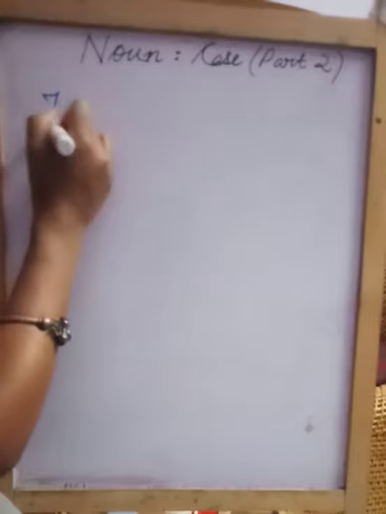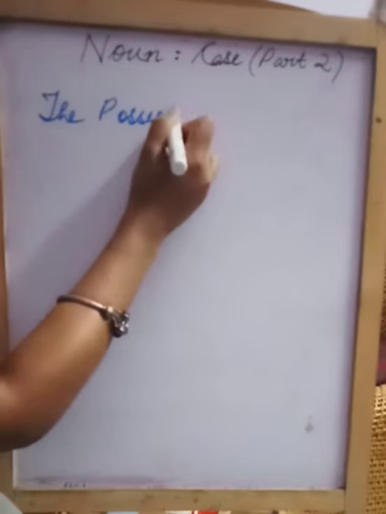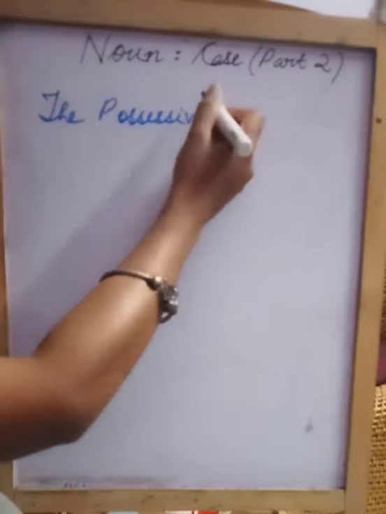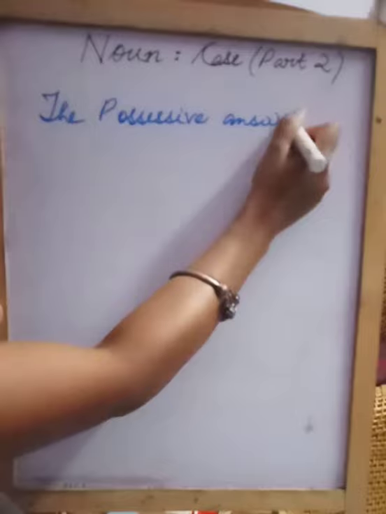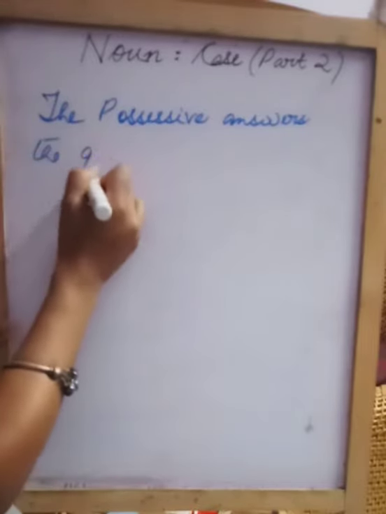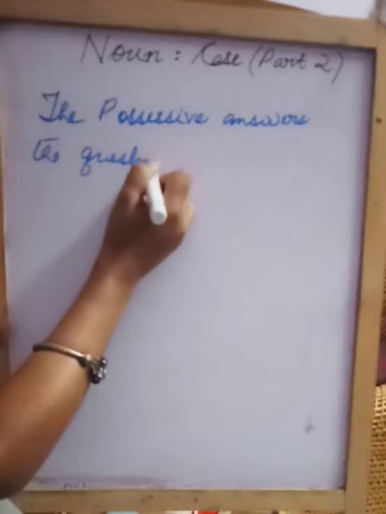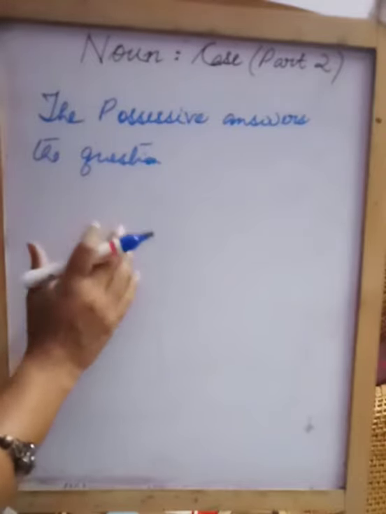So the possessive answers the question, what question will it answer? When we say possessive, it means it belongs to someone.